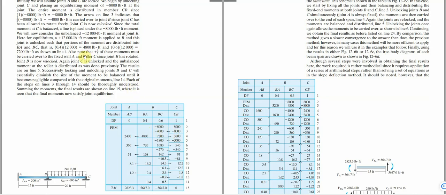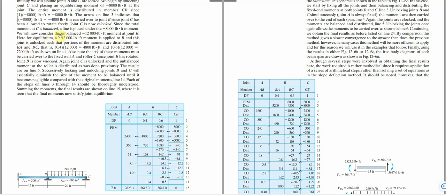That's exactly what they are explaining: the arrow on line 3 indicates that half of minus 8,000 ft-lb, equal to minus 4,000, is carried to joint B. Since joint C has been allowed to rotate freely, joint C is now relocked. Since the total moment is balanced, a line is placed under the minus 8,000 ft-lb moment.